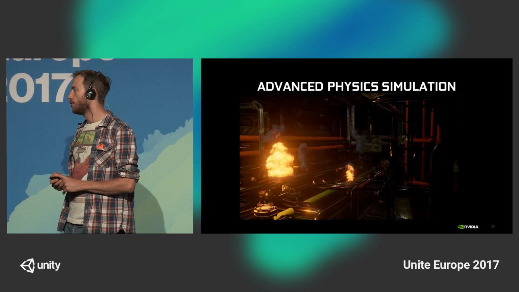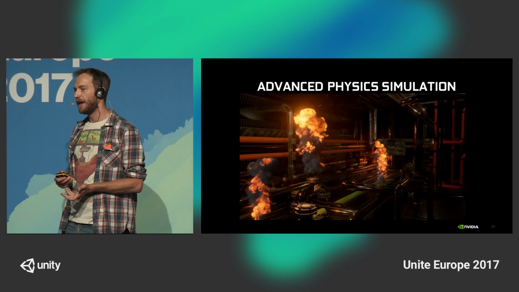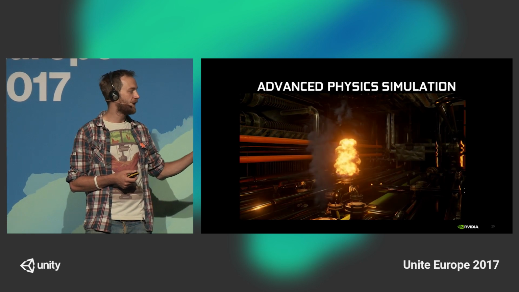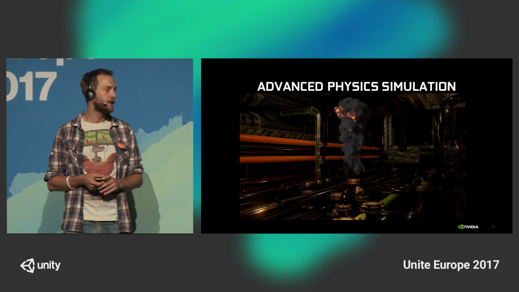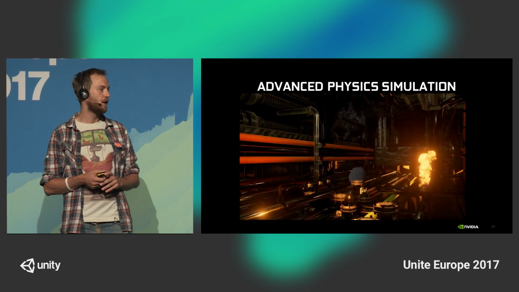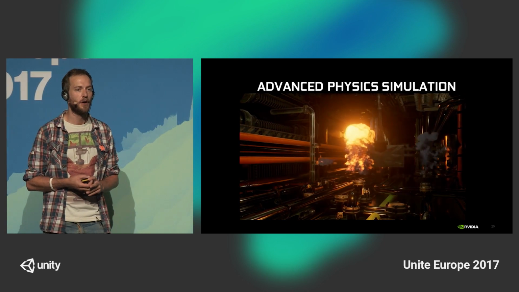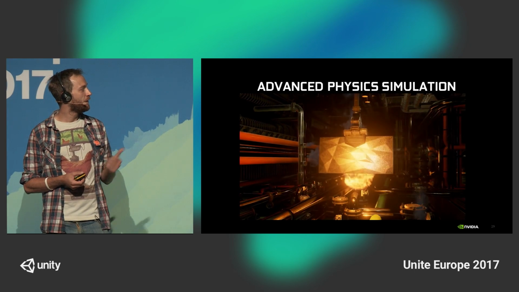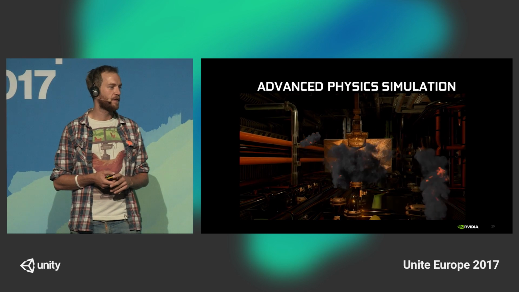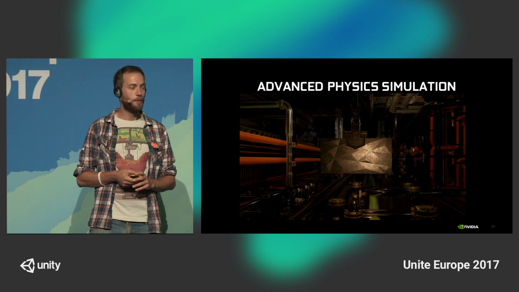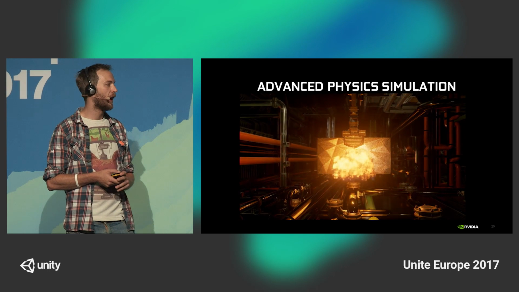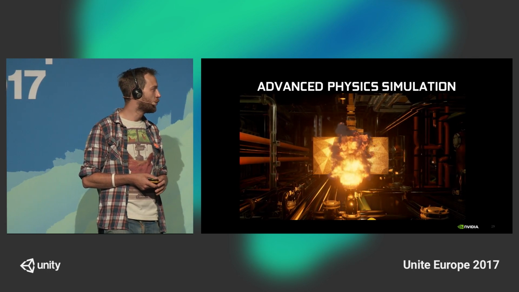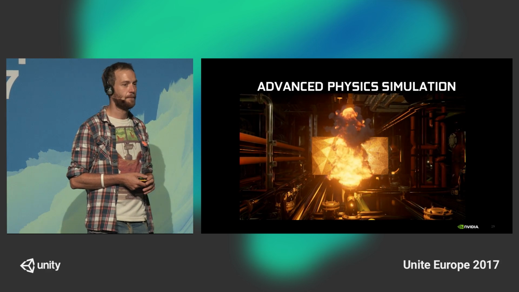Flex and Flow is a tool to enable particle effects in engine, and those things are also already included in the VRWorks version of Unity. So if you have more questions about advanced physics simulation, we also have a booth out there where we're talking about how you can make use of those physics tools in your app.